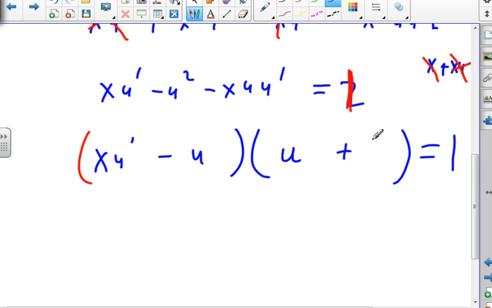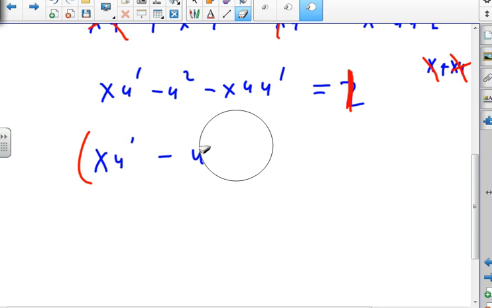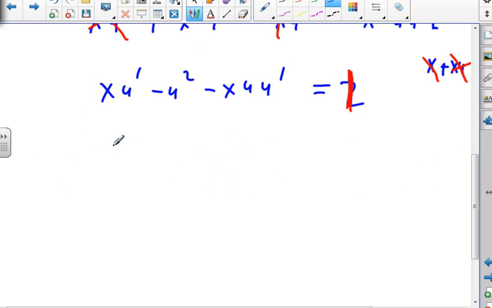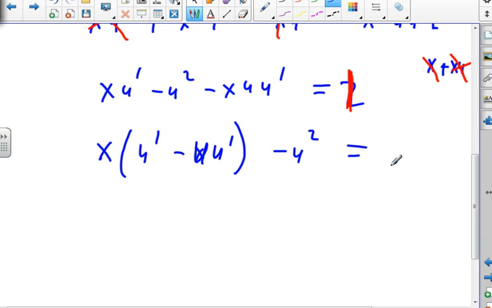but if I put a plus 1 there, I've got an x times u prime minus x minus u prime minus u squared is 1.